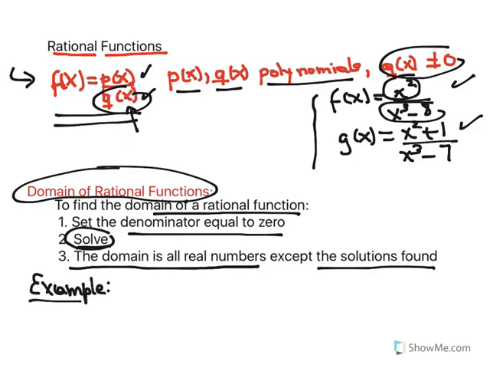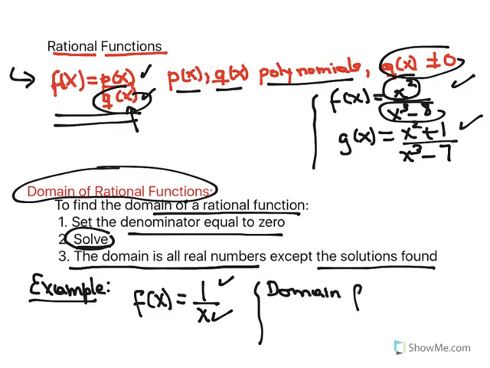So let's take the rational function defined as f of x equals 1 over x. This function is a rational function because the denominator and the numerator are polynomials. So how do I find the domain of f? I'm going to follow these steps.